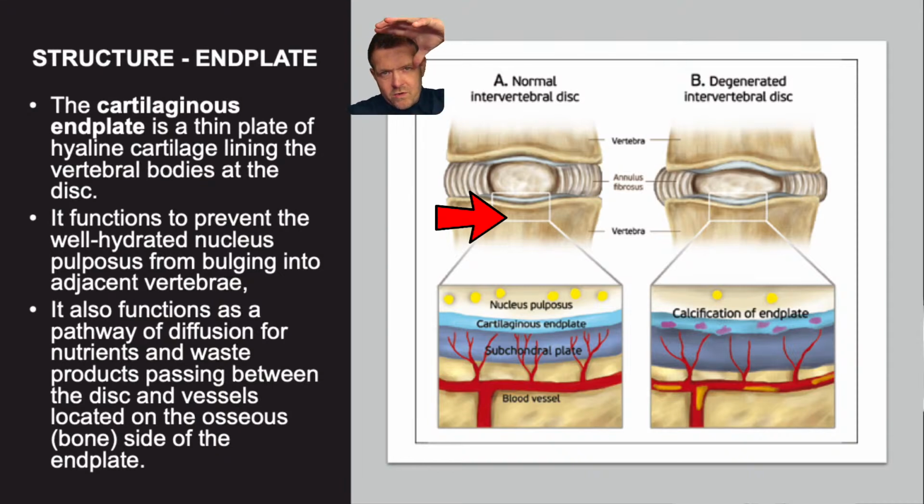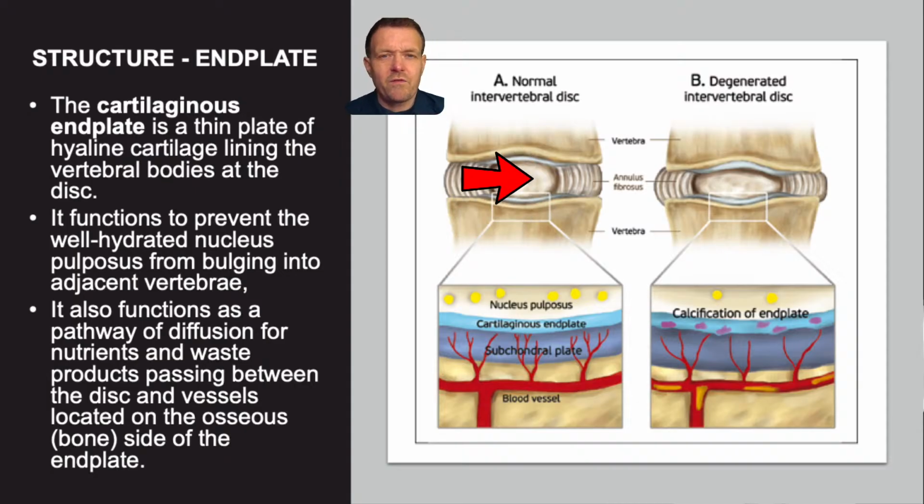So when you compress, if you imagine you get a sponge, you squeeze it and you put it into a bucket and then you let go, and then the sponge slowly fills with water. That's basically what happens to your discs. So if you squish it down, and then as it comes back up again, it will draw the nutrients into the disc to keep it nice and healthy.